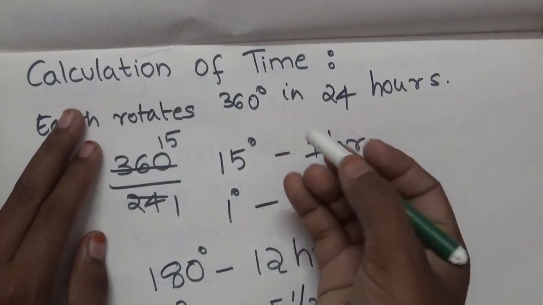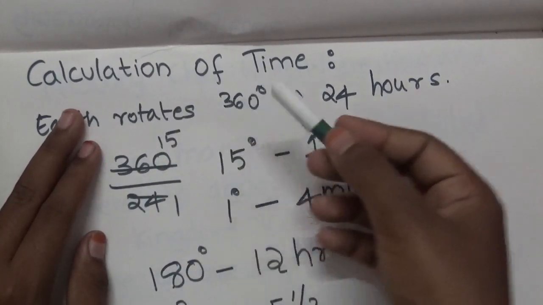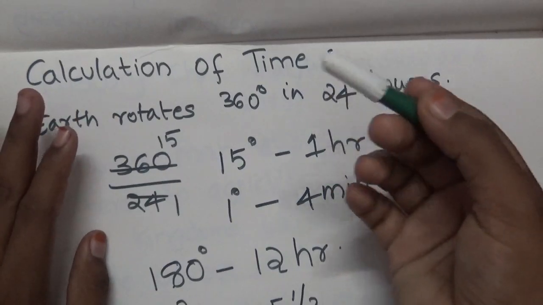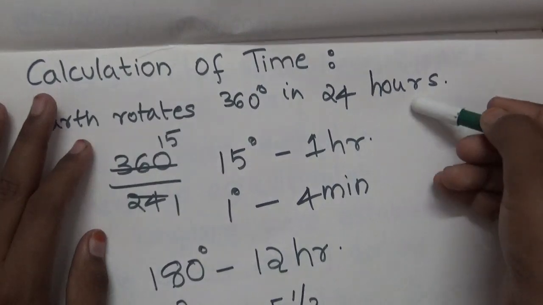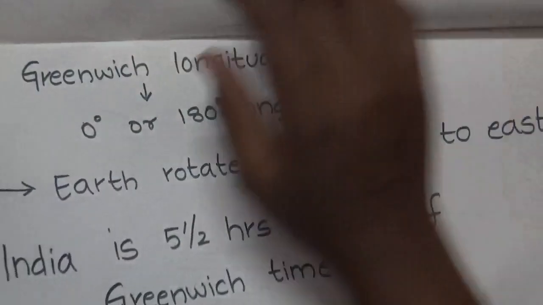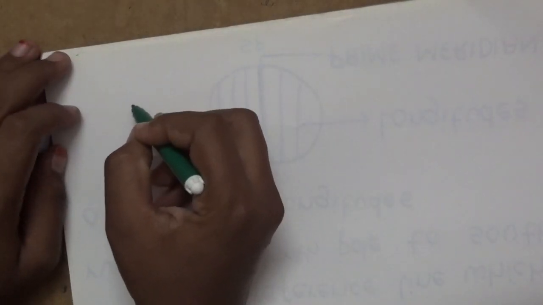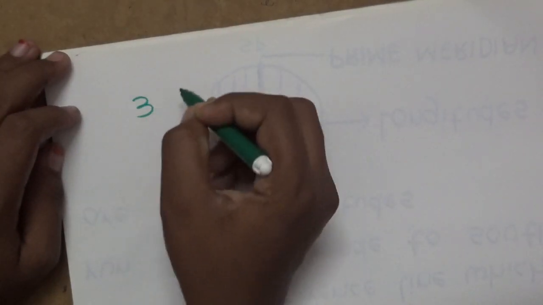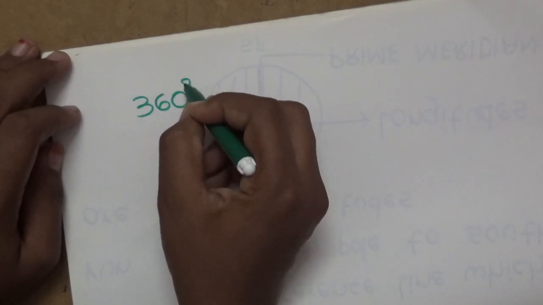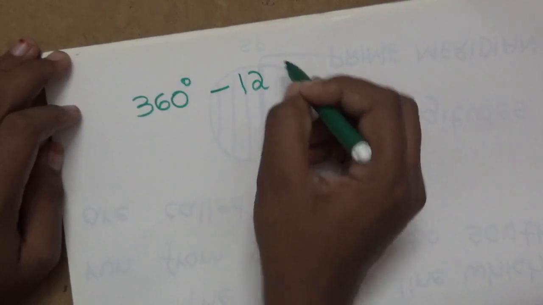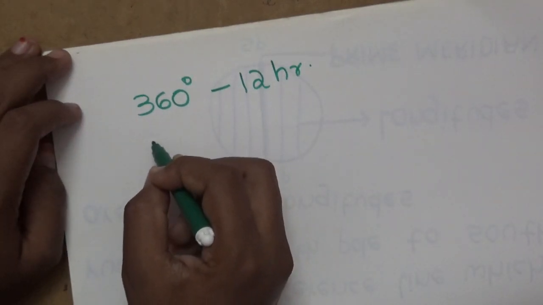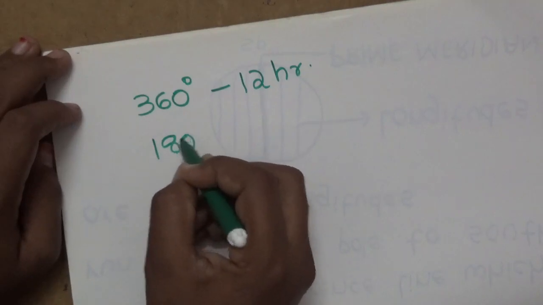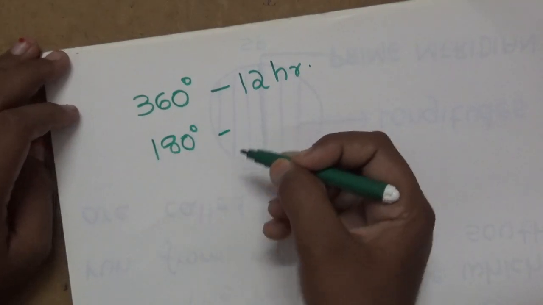Now we'll derive this and know how much our Indian standard time is. See, for 360 degrees it takes 24 hours.